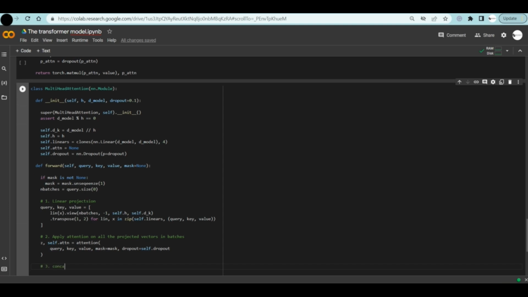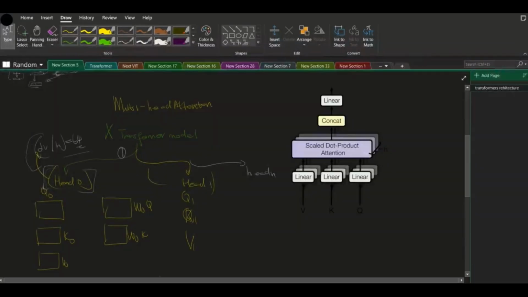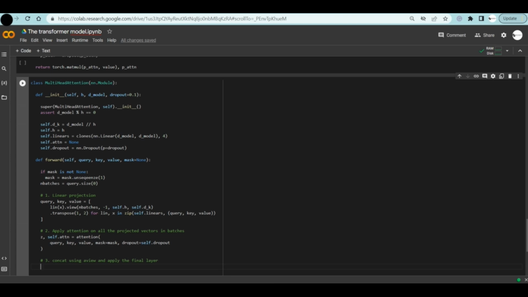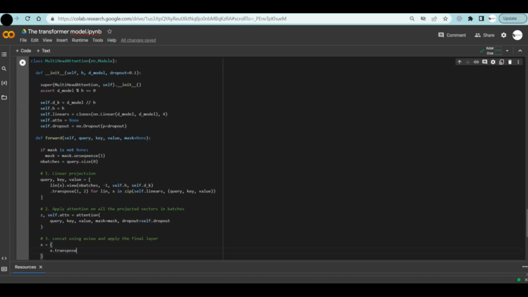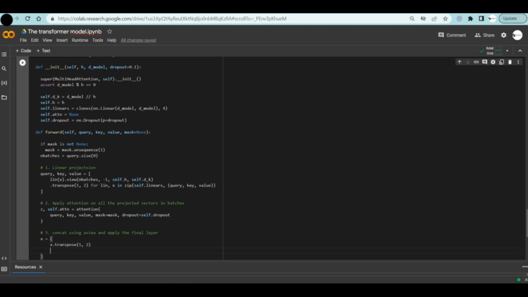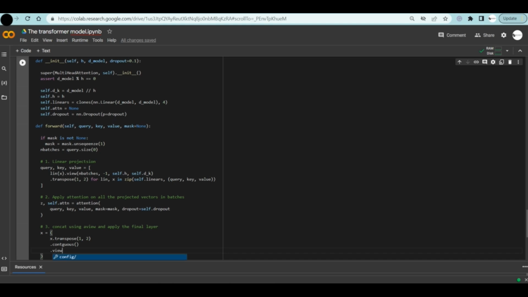Step 3 is to concat using a view and apply the final linear layer. Pretty much what we're doing is this component here. This visualization that you see here is what we're coding. We concat using a view and apply the final linear layer. We say x equals x.transpose, then .contiguous, then .view with n_batches, -1, and self.h multiplied by self.d_k.